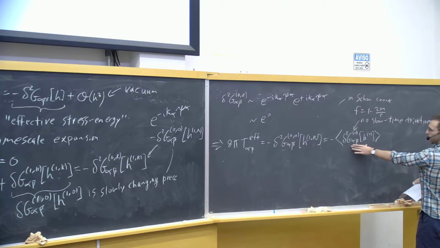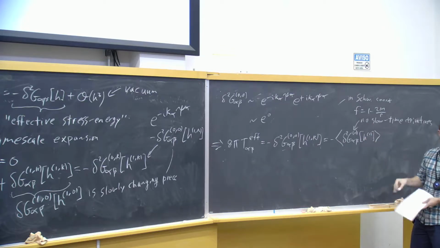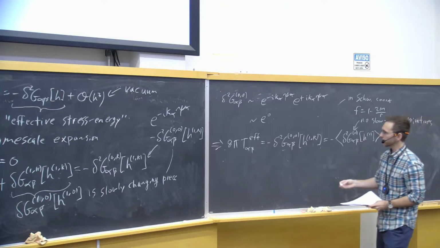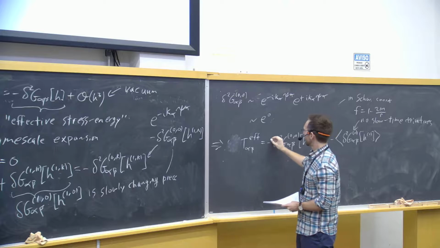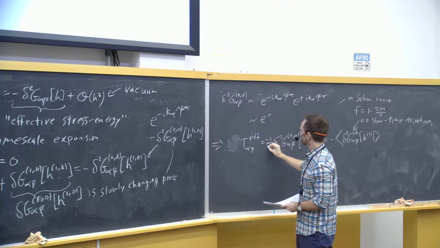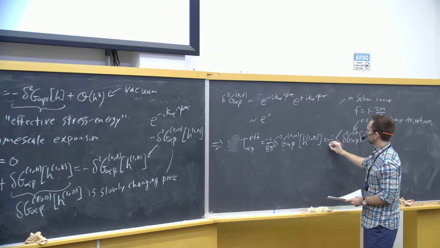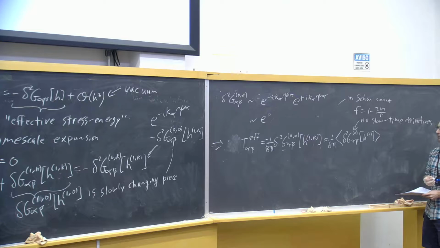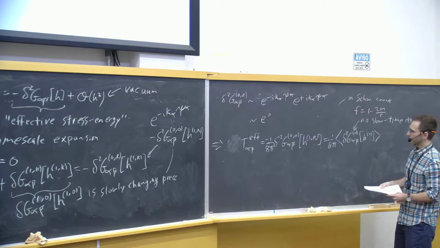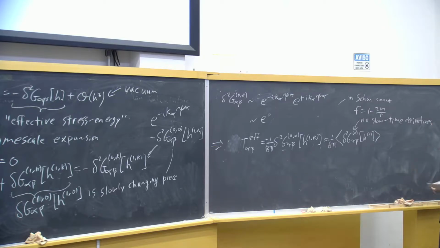So you take the quadratic combinations of H1 that appear in the source, and you average those over the fast time, just as in Luke's lecture. So that means this effective stress energy tensor is minus 1 over 8 pi times this. Okay, so this is how you would construct the fluxes.